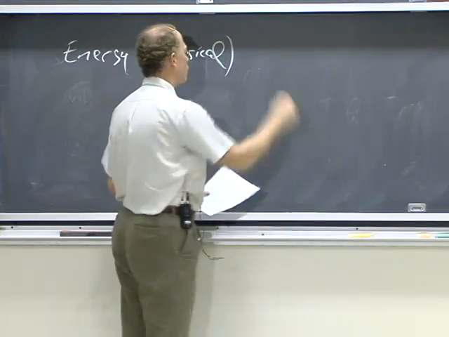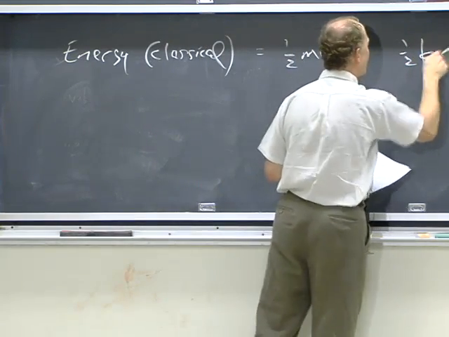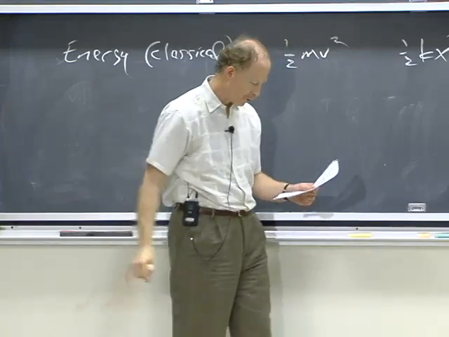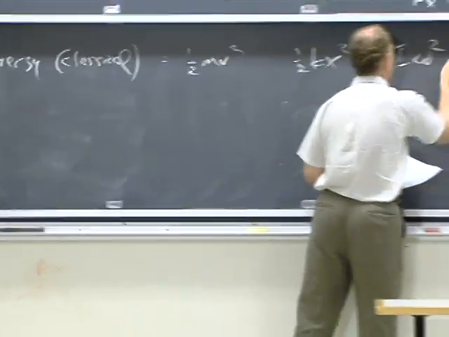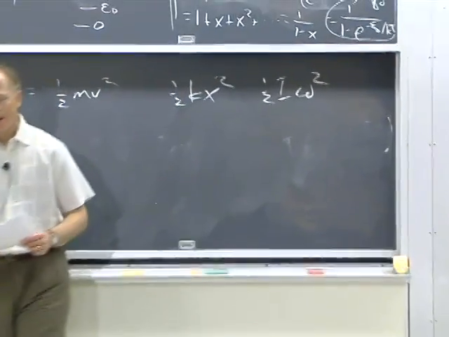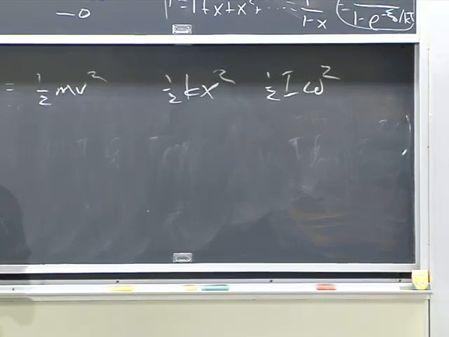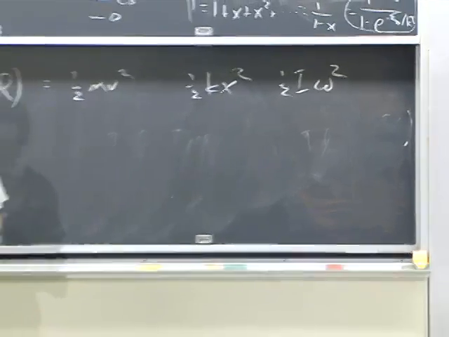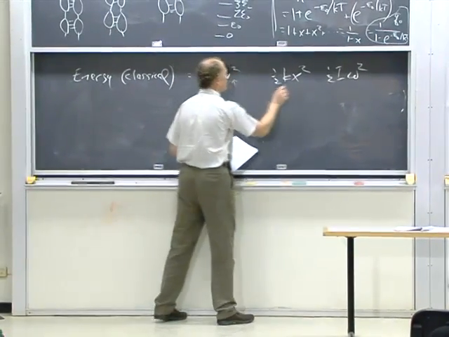It's 1/2 mv squared, or it's 1/2 kx squared, or for rotational energy, it's 1/2 I omega squared. You see a functional form emerging here that looks similar in all these cases? 1/2 times some constant times some variable squared, right?